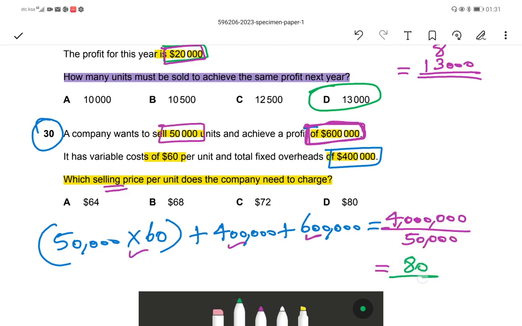It will be 80. Correct answer is option D.